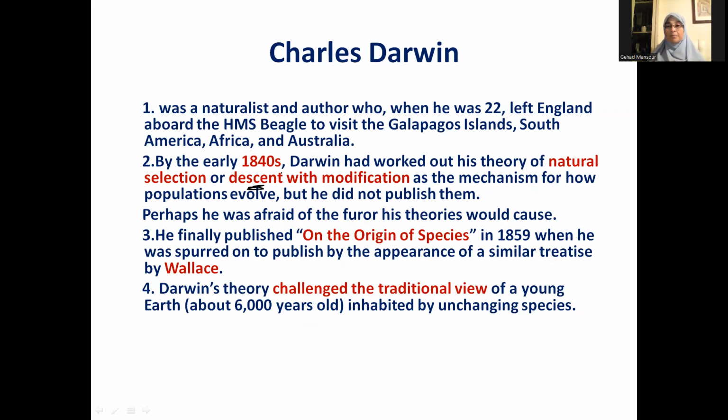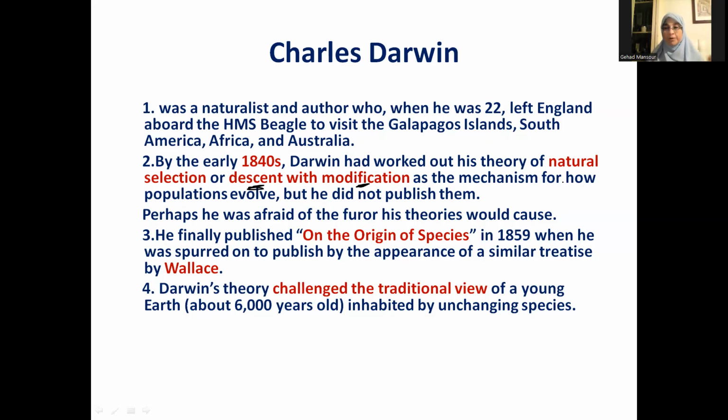And by descent, he means descent of the offspring from the ancestors. And by modification, he meant a change. And that paper he didn't publish explained how populations evolved. Okay, why didn't he publish it? He didn't publish it because he was afraid that people would resist this theory of evolution.